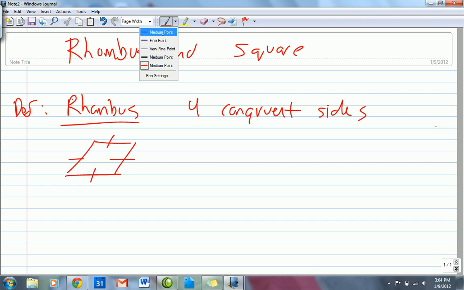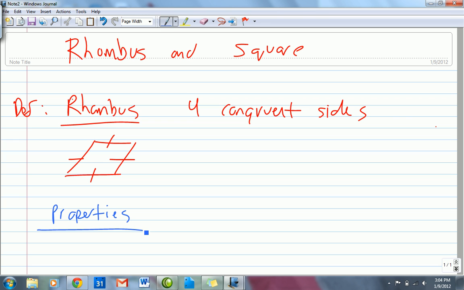And so if that's my definition, then the properties which come from the definition include, first and foremost, a rhombus is a parallelogram. I could show why it's a parallelogram if I created this diagonal, and then by the reflexive property, that's congruent to itself.